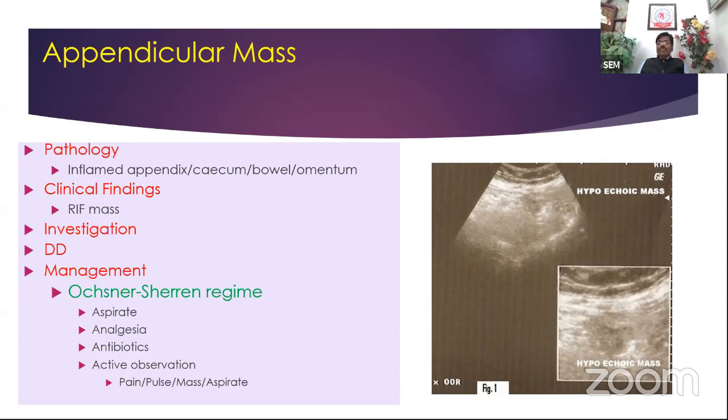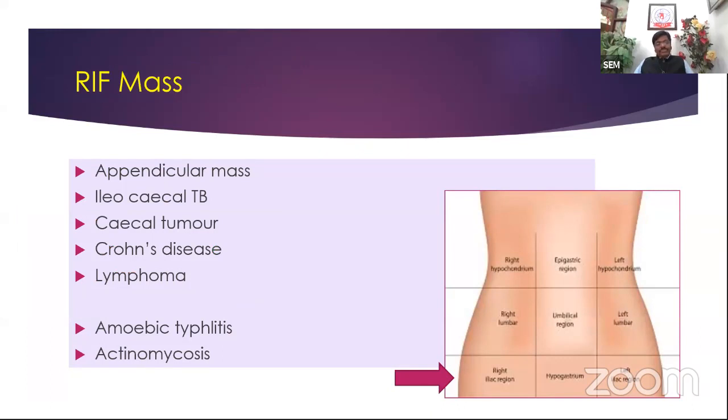And if the patient shows signs of improvement, pulse rate coming down, temperature settling, patient feels hungry, he is getting better, the mass is getting smaller every day, that is a successful regime. Then you continue, bring the patient after 6 weeks for a surgery that is called interval appendicectomy. So that is appendicular mass.